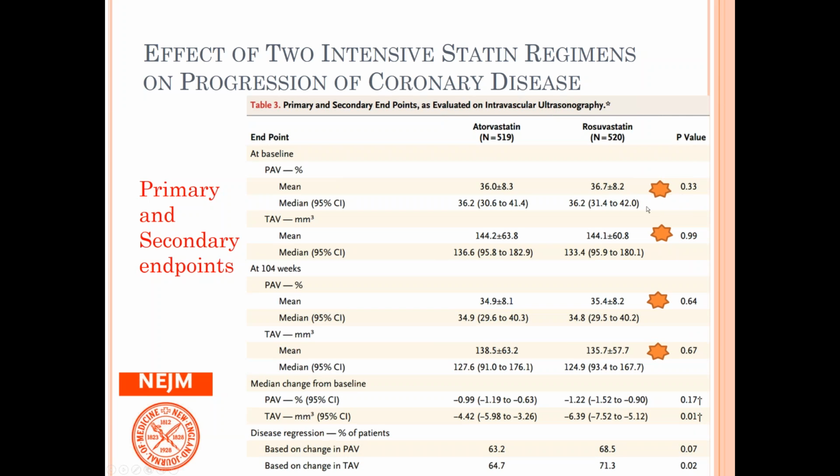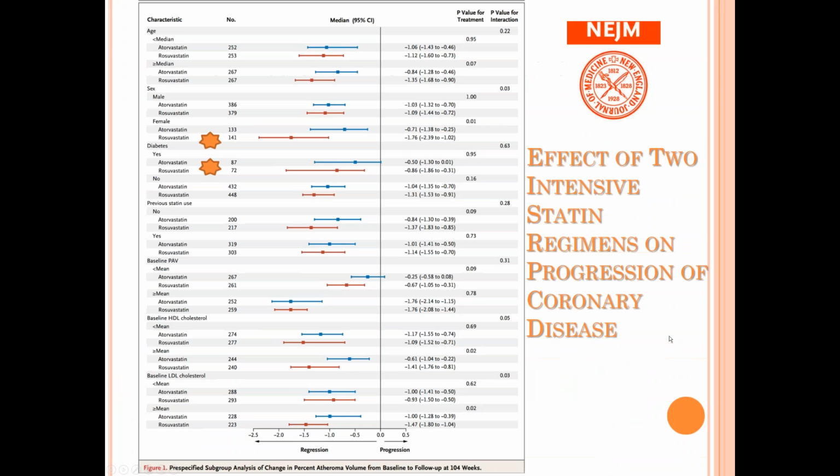And again, this is a result showing percent atheroma volume and total atheroma volume. There was no statistical significance between the two agents at baseline and again at 2 years out. The data does suggest that females may benefit more from rosuvastatin, as well as diabetics, looking at the whisker plot.